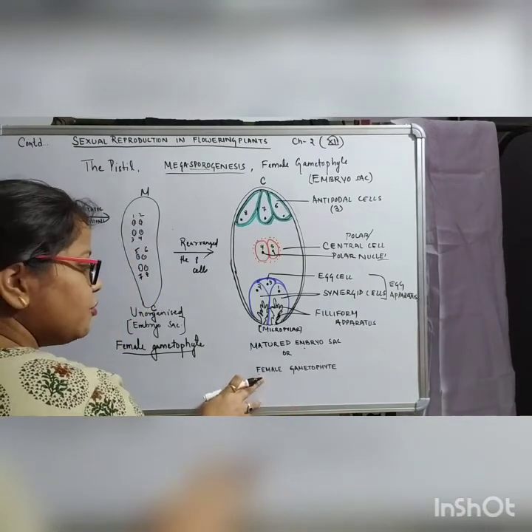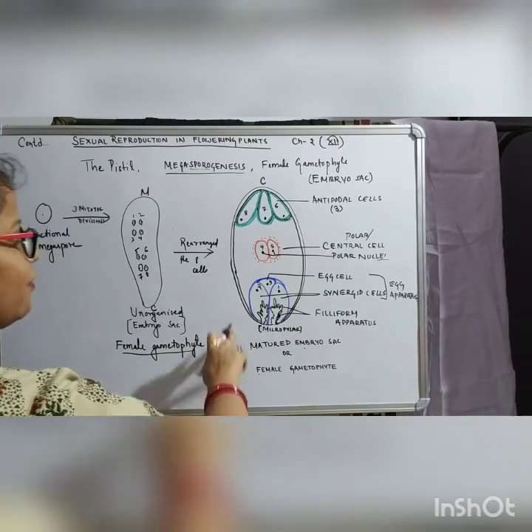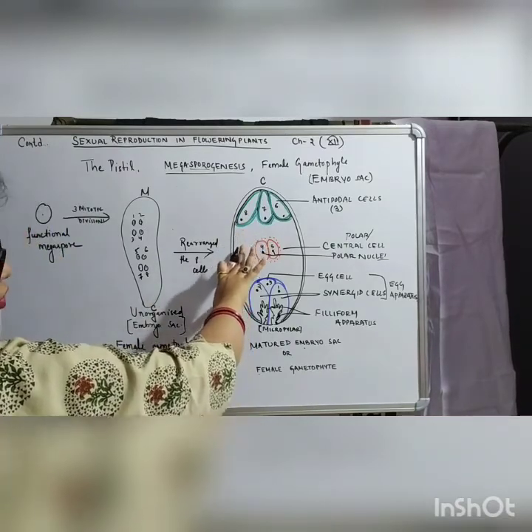So the female gametophyte structure or matured embryo sac structure, if it is asked, you have to draw this particular structure.